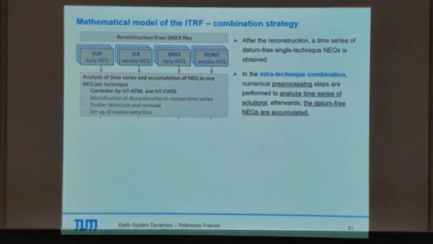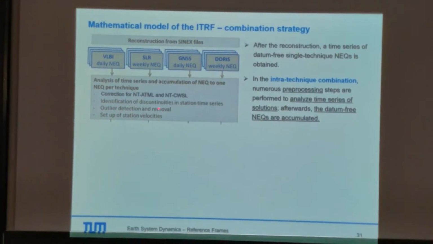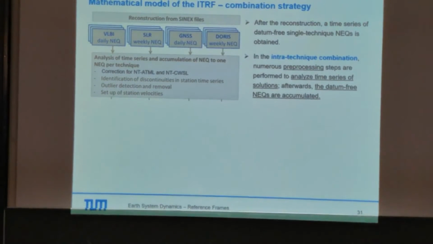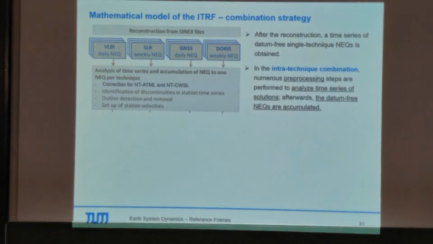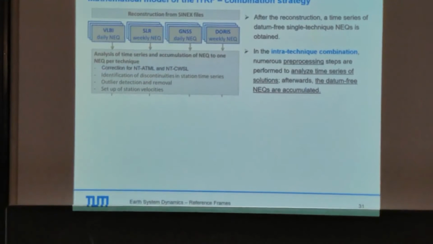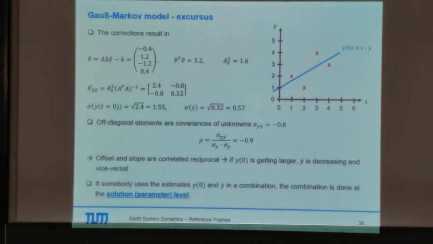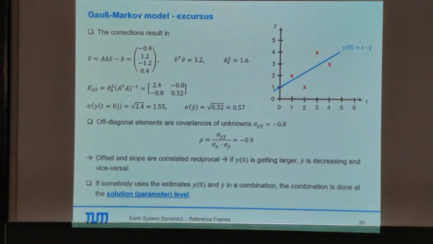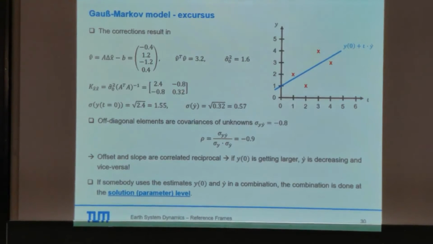And this whole procedure is called the intratechnique combination because what is done then, after we identify this and set up station velocities, is we accumulate all the different normal equations of one technique and get one large normal equation out of this. This is the same as we had it before with the different observations in the excursus. You can say that, for example, for VLBI, a daily normal equation contains one observation for each station.